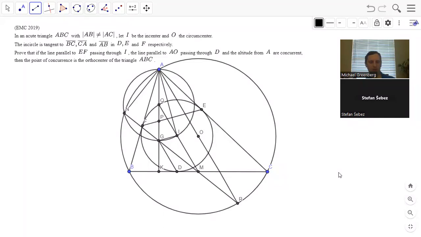So we use the parallel, altitude and the line. And we need to use that this is parallel to AO. So DG is parallel to AO.